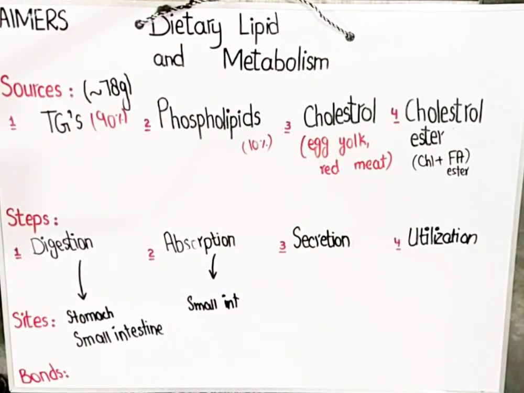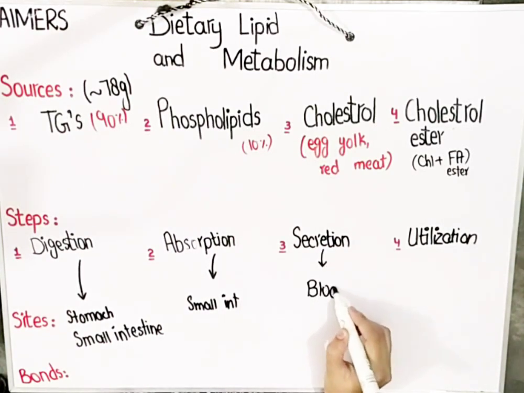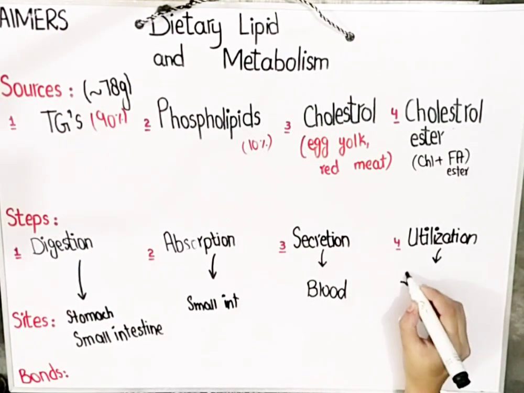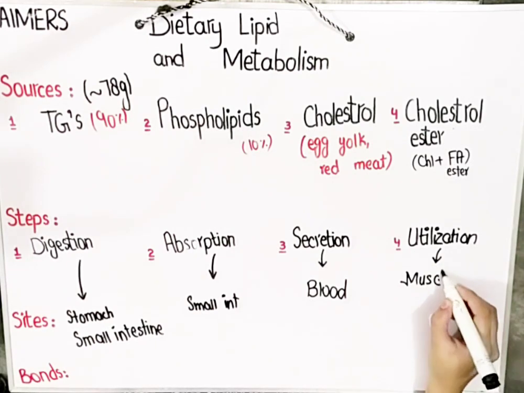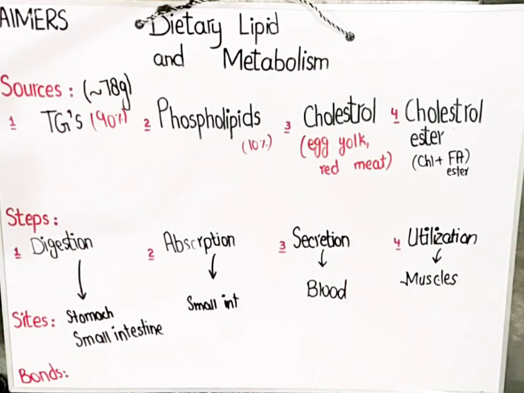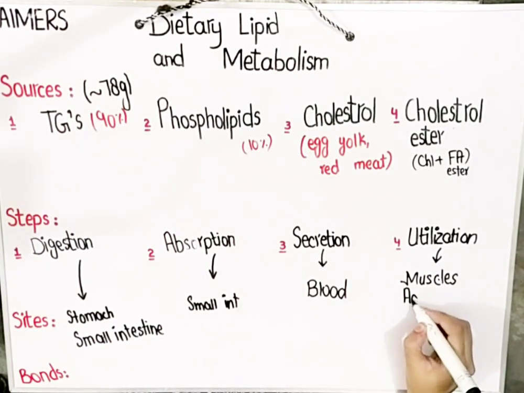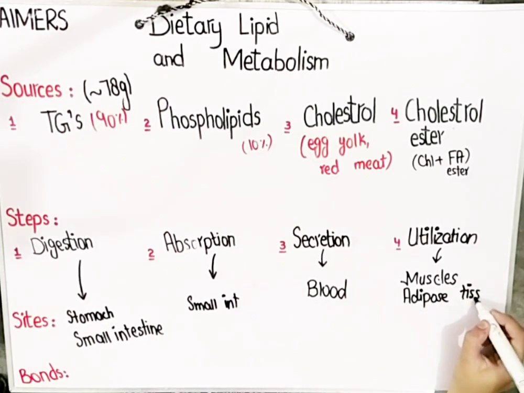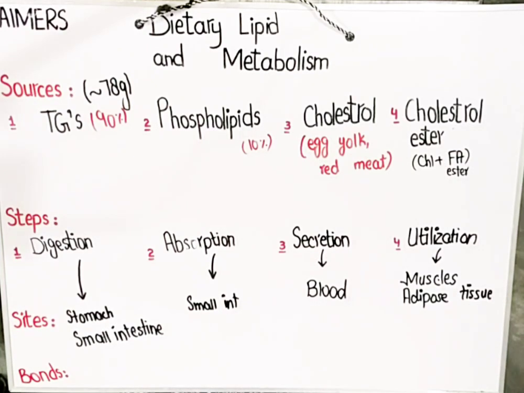Next step is secretion. When the lipids are absorbed in small intestine, later they are secreted into the blood. And the final step is utilization. They will be utilized in muscles because the muscles will oxidize the lipids and get energy from it, and they will also be utilized by adipose tissue because adipose tissue will store those lipids. So these are the sites for the metabolism of the lipids.